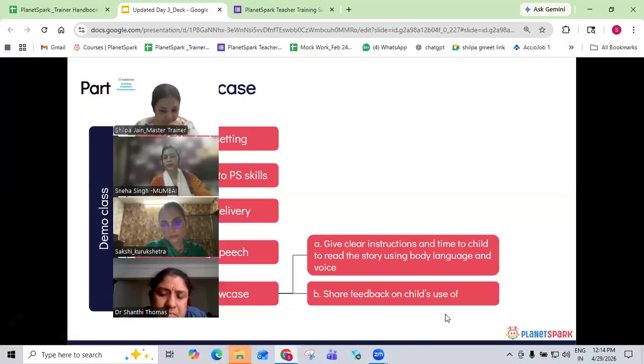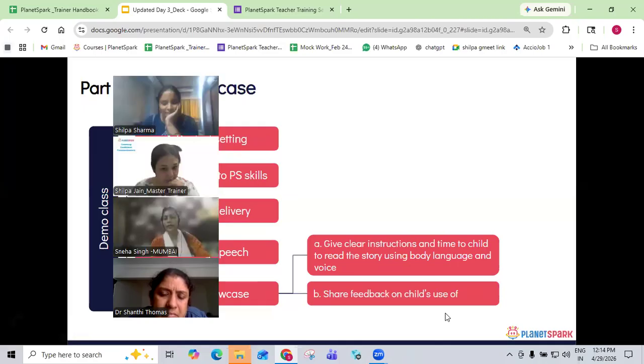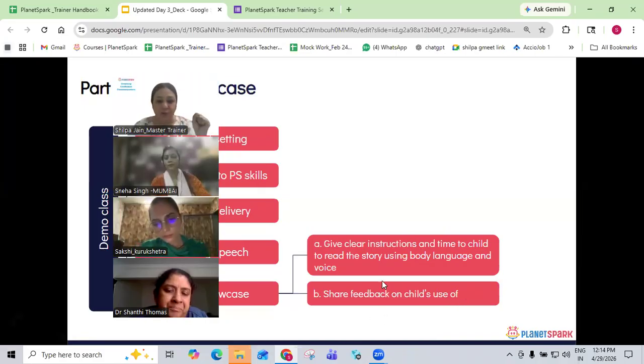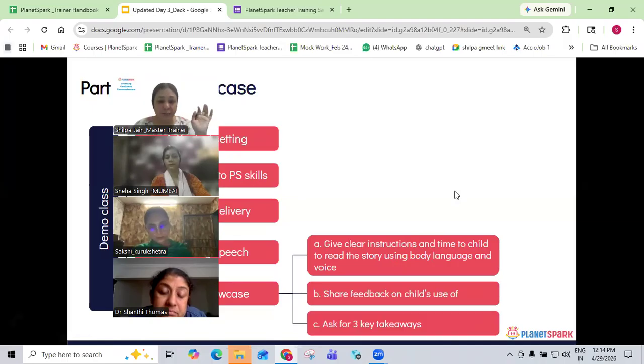Give clear instructions and time to the child to read the story using body language and words. Next, share feedback on the child's use of body language. So this part we have covered, that you have to give clear instructions. How to give good feedback, that we are going to cover now. And finally, ask for the 3 key takeaways.